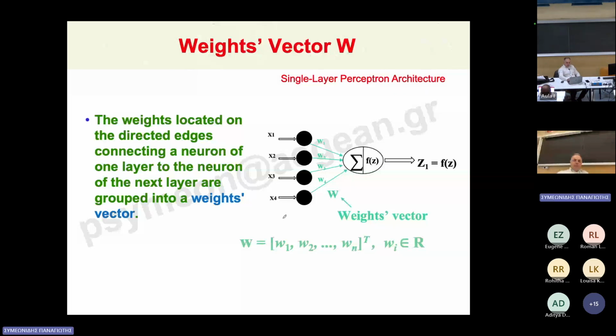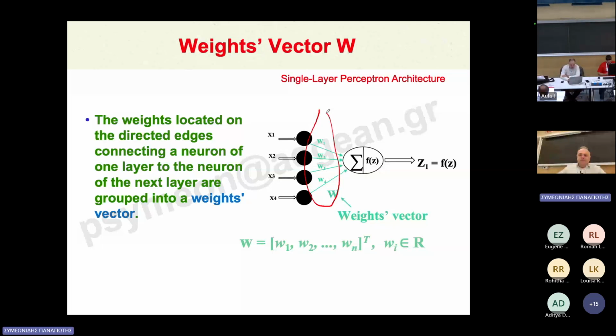So when we use neural networks, what we want to learn is the weights of these edges. Okay, so when we say I want to train a neural network, usually what we train is the weights of this network.